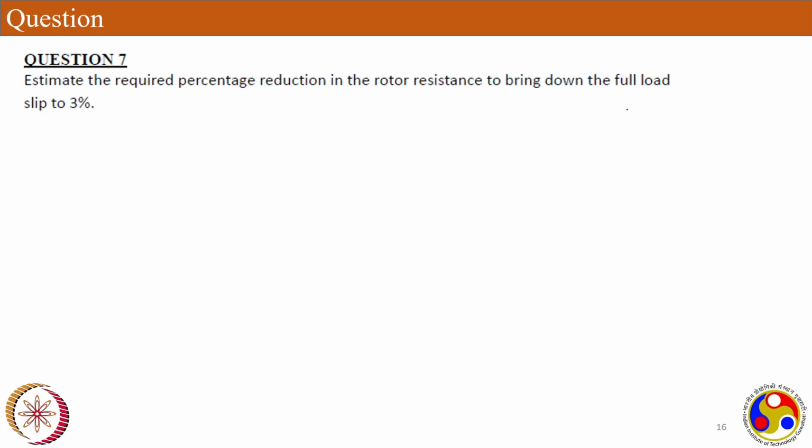We know alpha, at which maximum torque occurs, is equal to R2 by X2. The percentage reduction in R2 follows from how much alpha changes, so we need a relation between the full load slip and alpha.